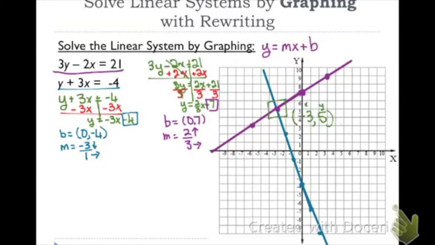So I'm going to check this equation, and I'm going to say, instead of my y, I'm going to put 5 plus 3 times, and instead of my x, I'm going to put negative 3.